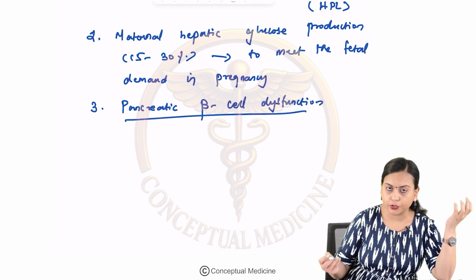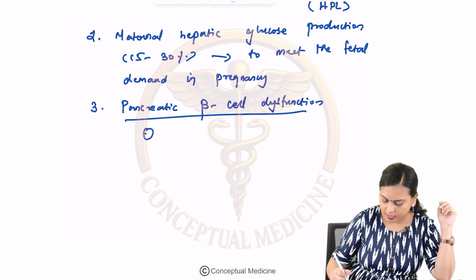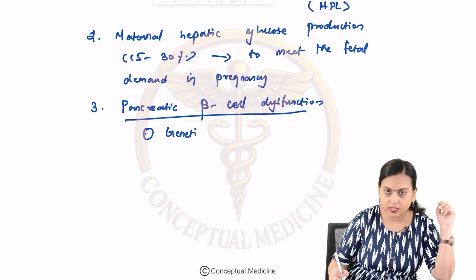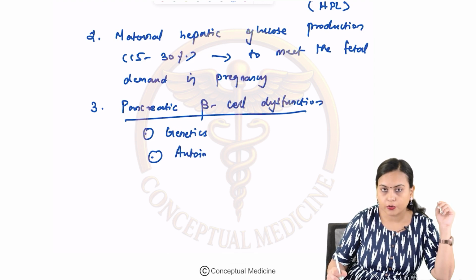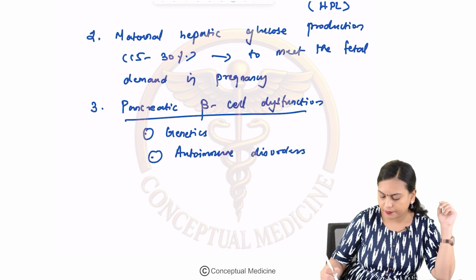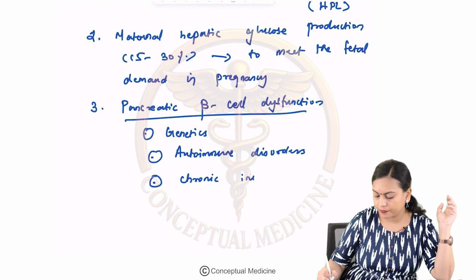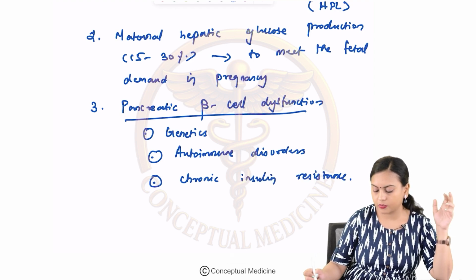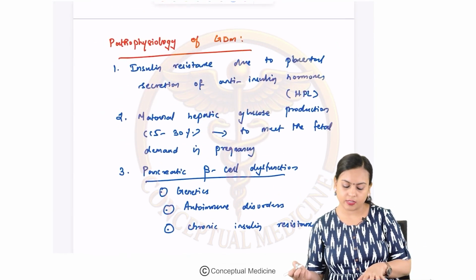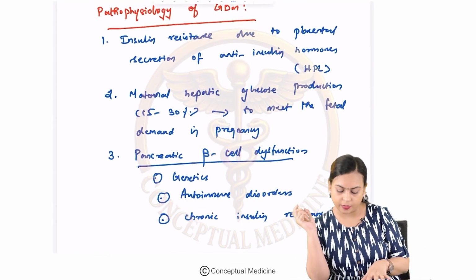It can happen due to various reasons, like due to genetics, okay, or due to autoimmune disorders, okay, or if she has a history of chronic insulin resistance. Okay, so these are some of the causes for pathophysiology of GDM in pregnancy.